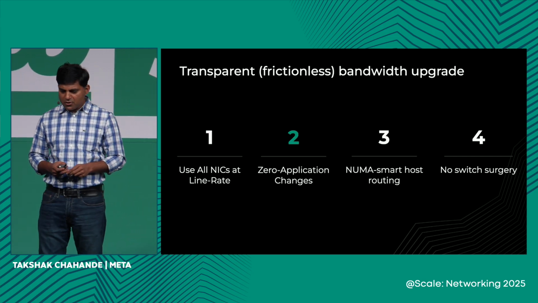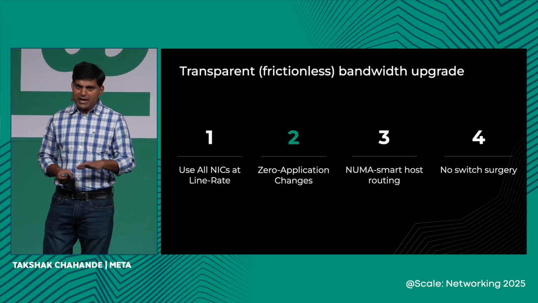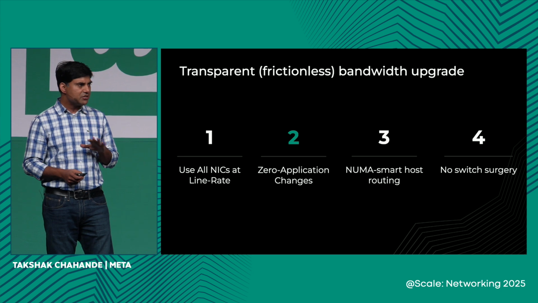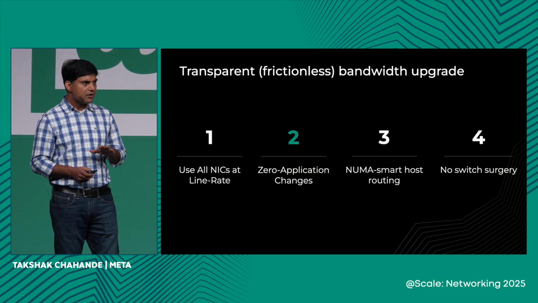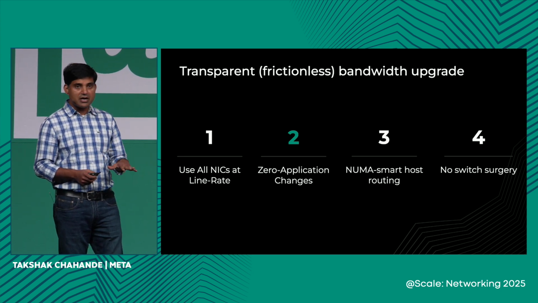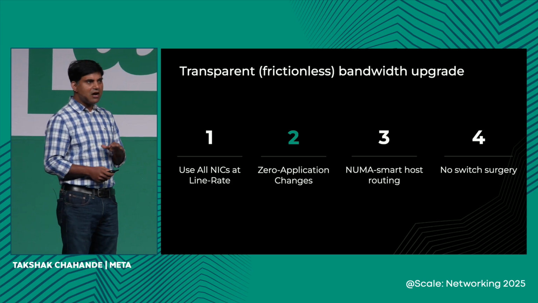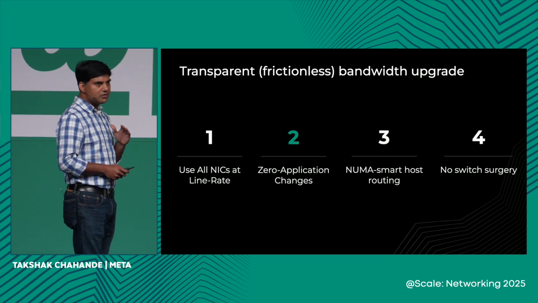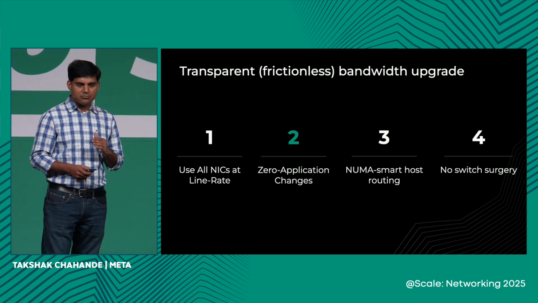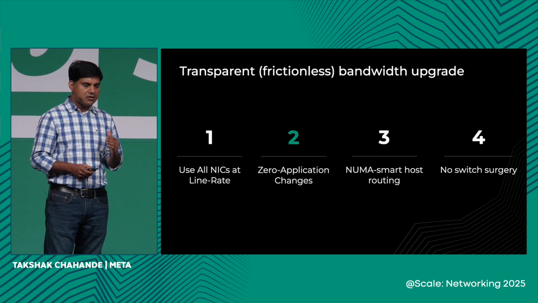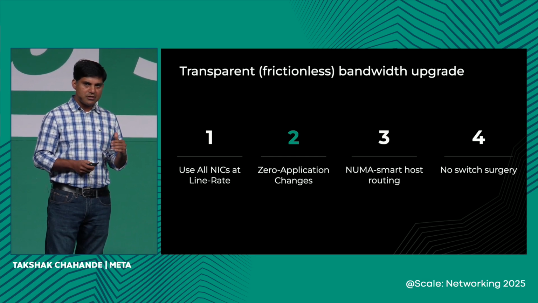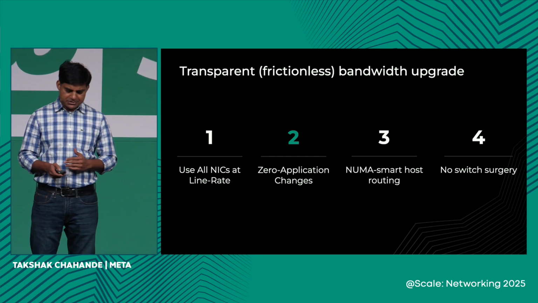The second and most important thing is that the application could be agnostic to the hardware. It means that without changing any piece of code of the model which is trying to train, the application should utilize all the available resources.